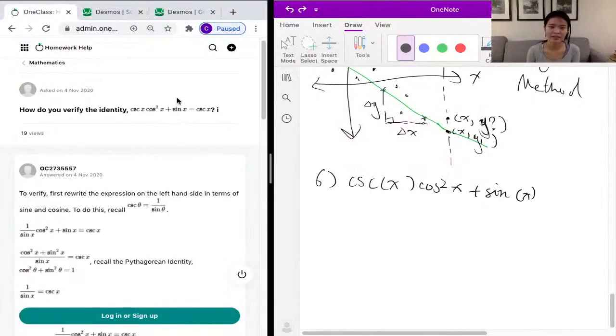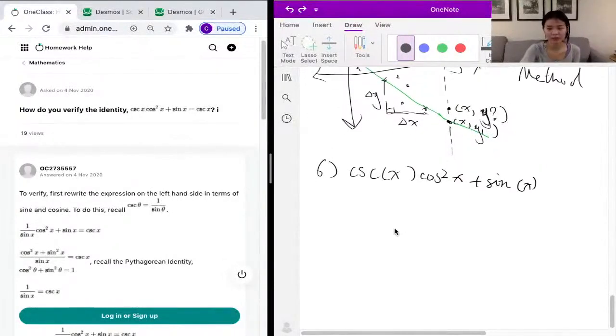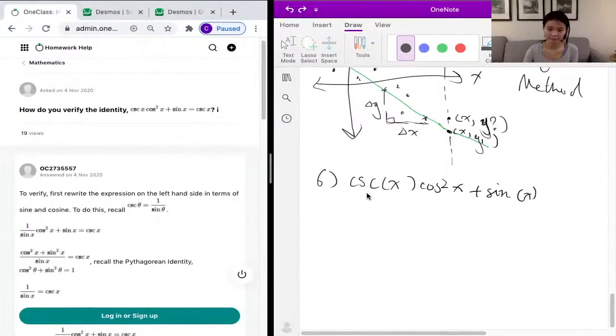So you can have a scrap paper and do some rough calculations of verifying it the other way around, and then write down the proper answer, going from the bottom step to the top step, so going the other way around. That would also work.